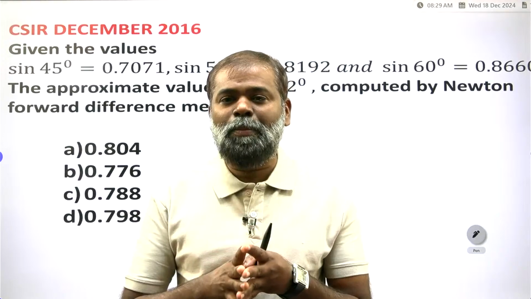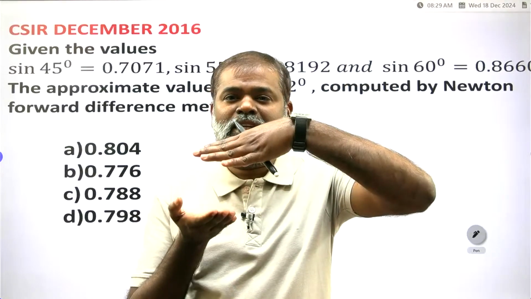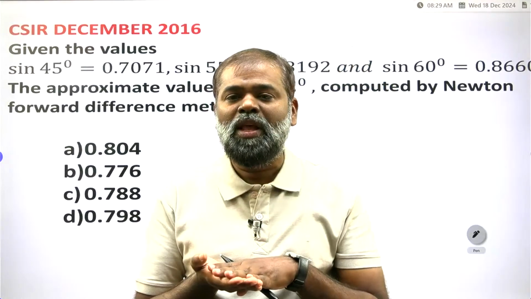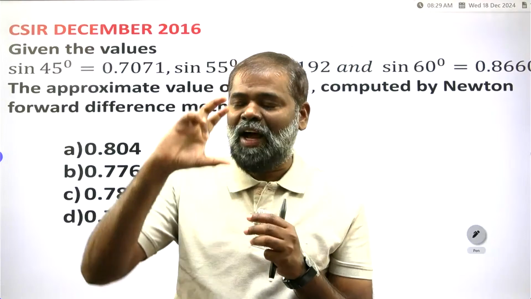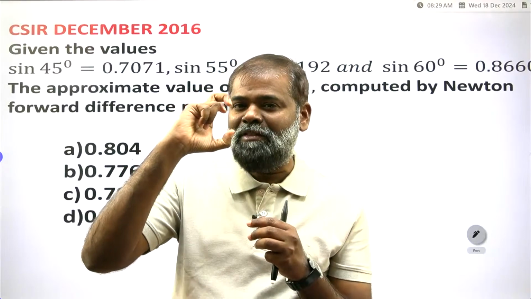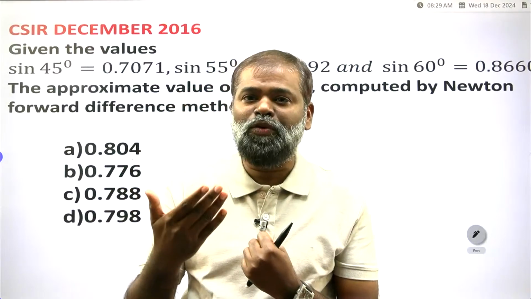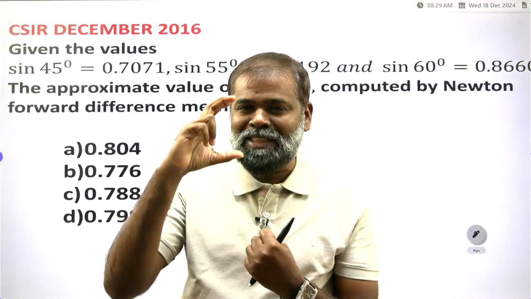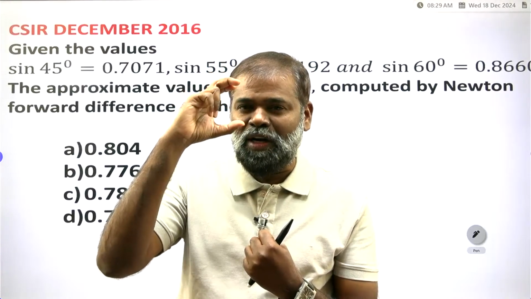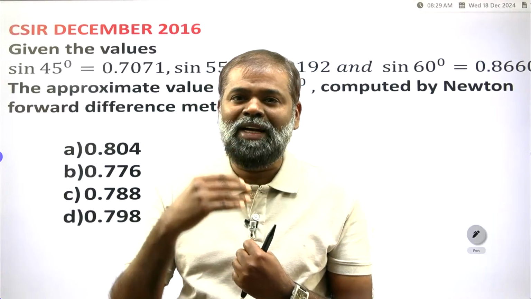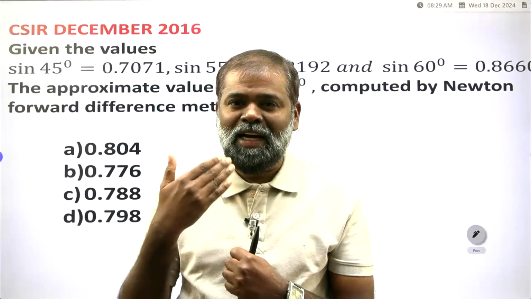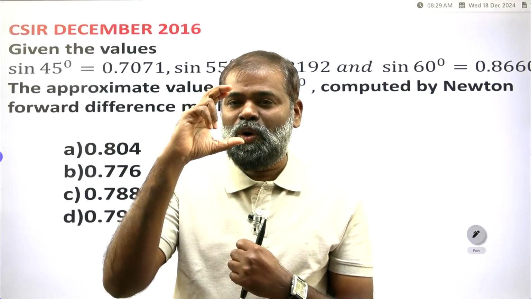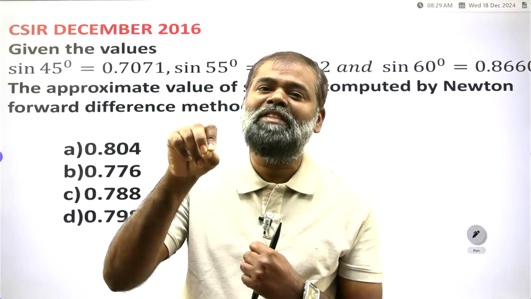What is interpolation? Suppose you have to find a value in tabular form. Inter means in between, so if you want to find a value intermediate between the values in your table, whatever argument they are giving, you have to take the in-between value.